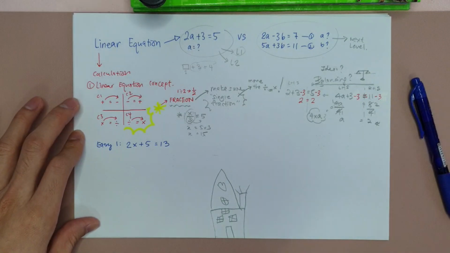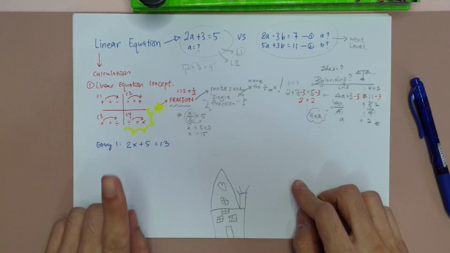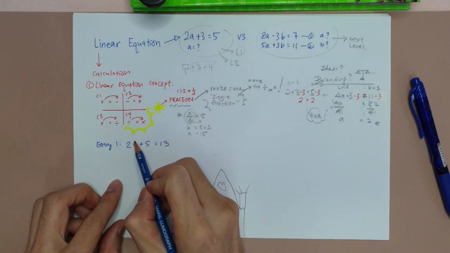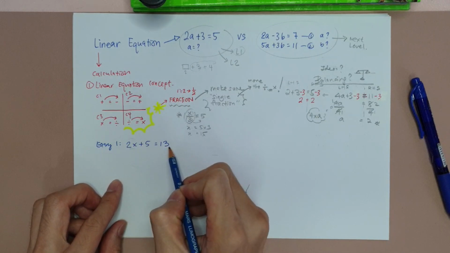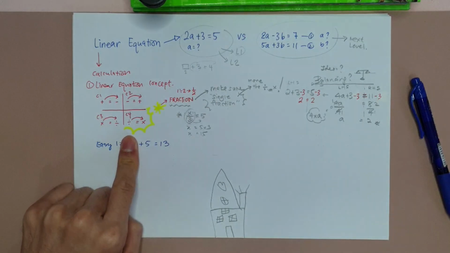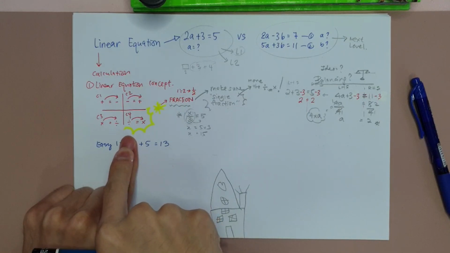Now let me show you the idea first. Understand it first. We're going to understand before we start the linear equation concept. Now, everyone, 2x plus 5 equals to 13. If I want to solve the x, let's say I use my finger and cover up the 2x.